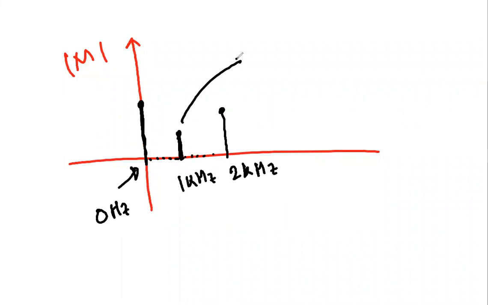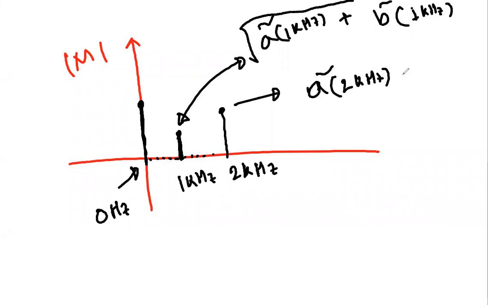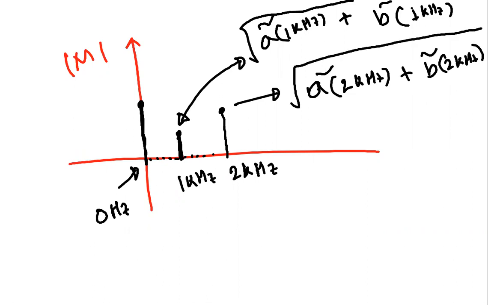How did you get this jump? This is from A at 1 kilohertz, squared, plus B at 1 kilohertz, squared, and then the square root of this. It gives you this value. Similarly, how did you get this? A at 2 kilohertz, squared, plus B at 2 kilohertz, squared, and the square root of that.